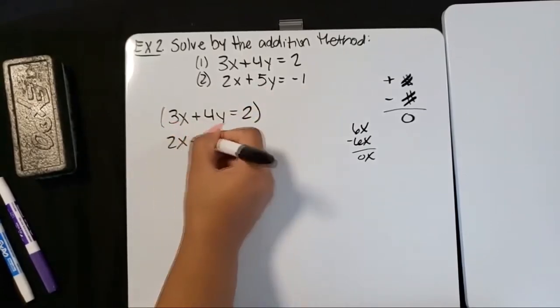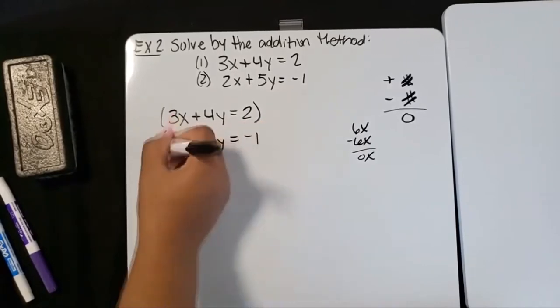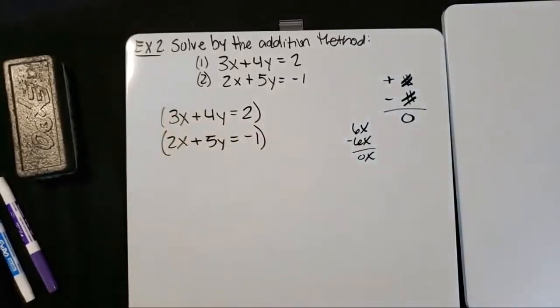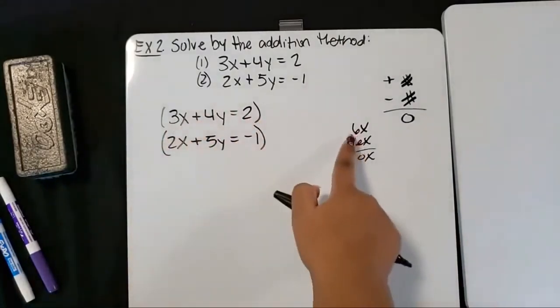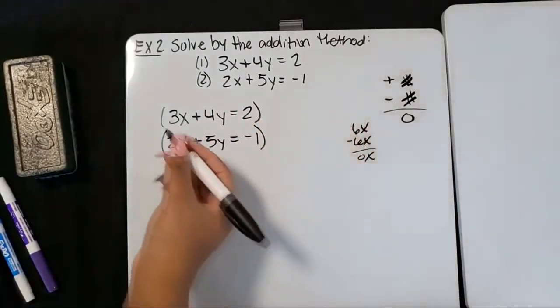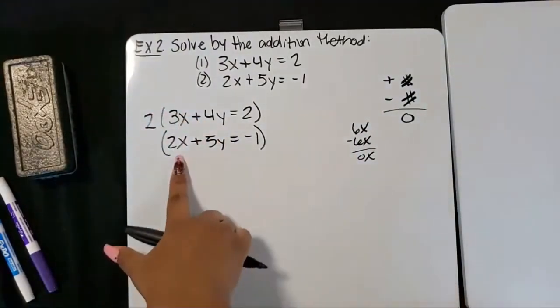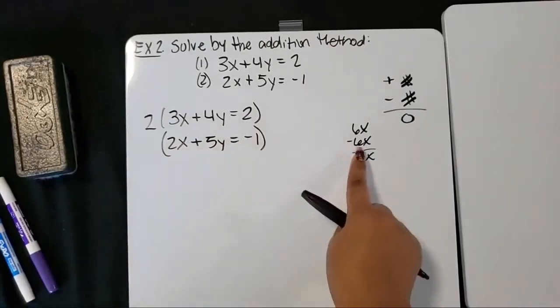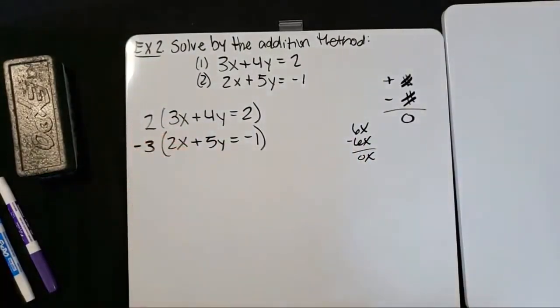And my second equation, I'm going to multiply the whole equation by a number. So I want this to be 6x. So I'm going to multiply it by a 2. I want this to be -6x. So I'm going to multiply it by a -3.